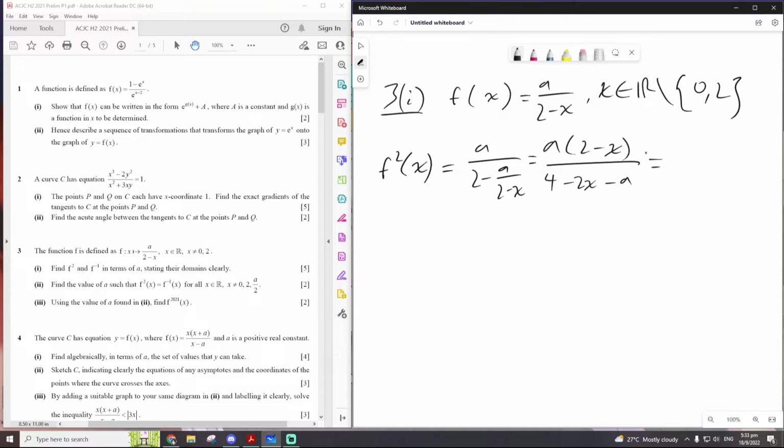And I'll flip the signs over, so I'll get (ax minus 2) divided by (2x plus a minus 4). Alright, so I'll leave it like that. And what's the domain of this? Domain of f squared is just the domain of f, right? So it will be the same.